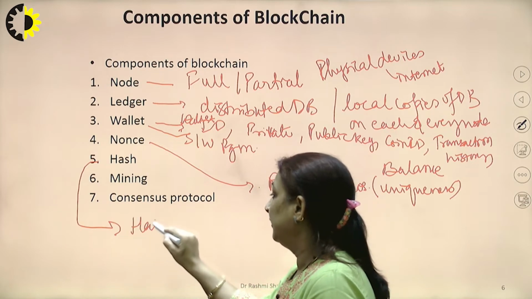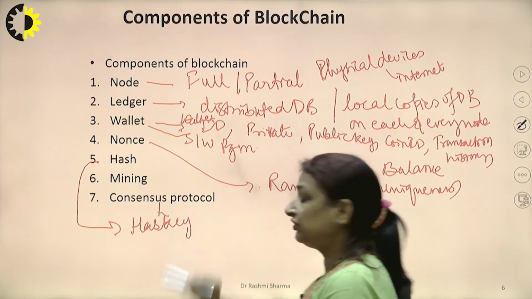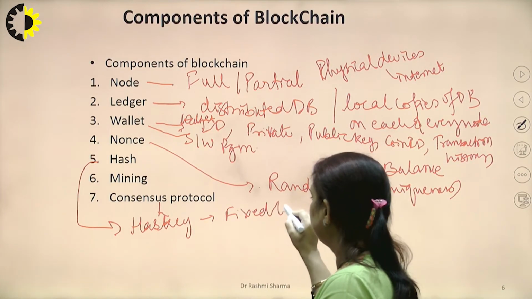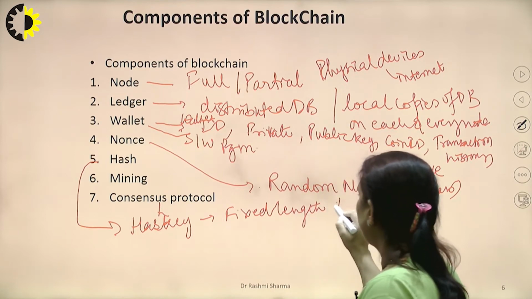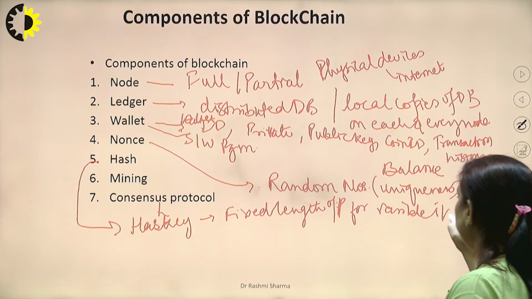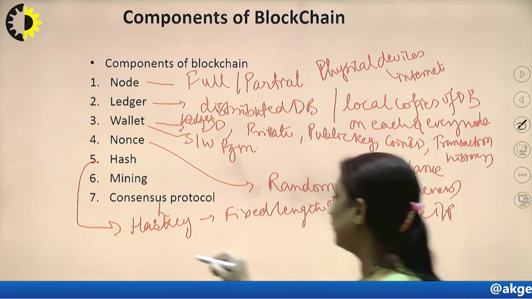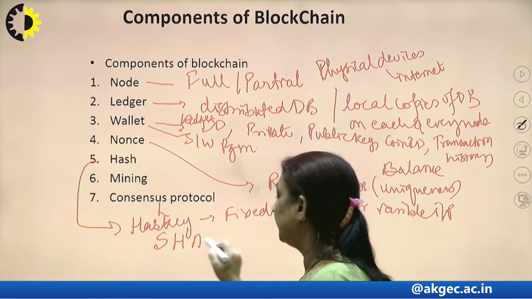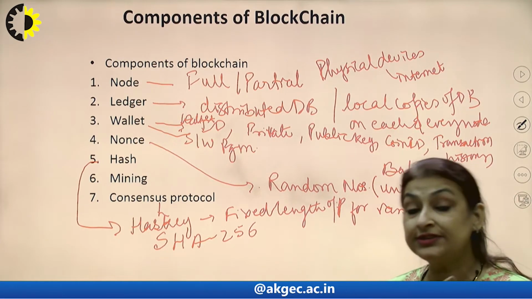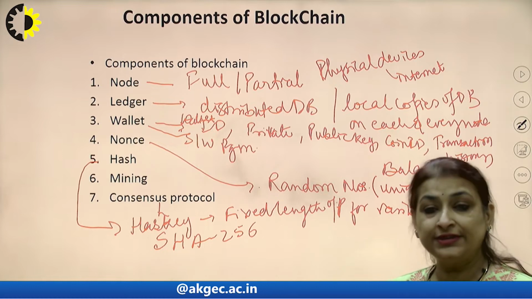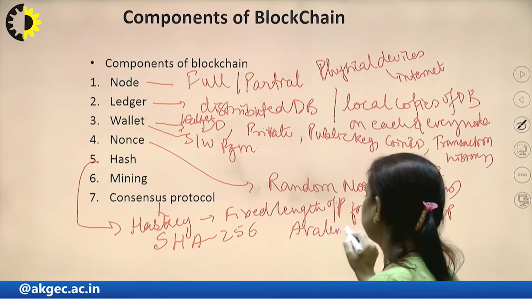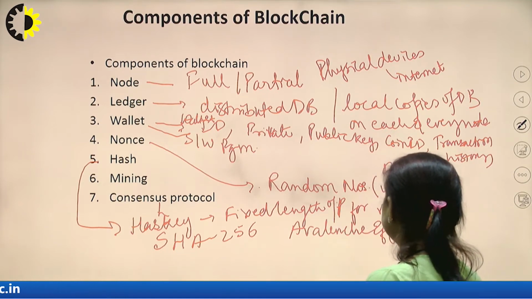The hash key was the key having a fixed length output for variable inputs, and the algorithm we used for this was Secure Hash Algorithm 256. If a single bit or a single alphabet was changed, there was a massive change in the message, and that was called the avalanche effect. We have discussed all these things in our previous video.